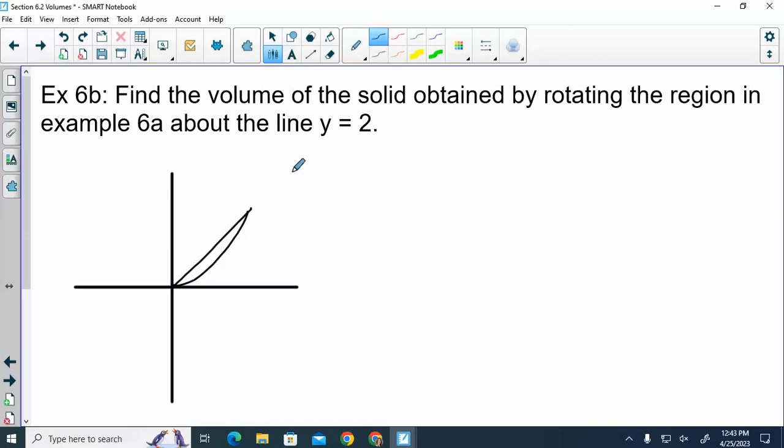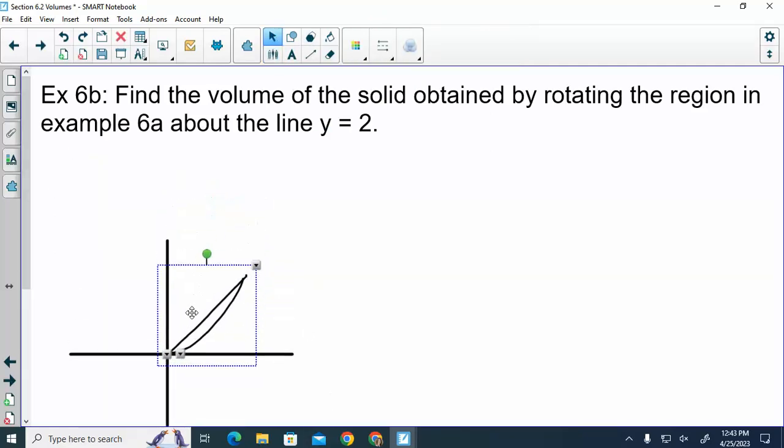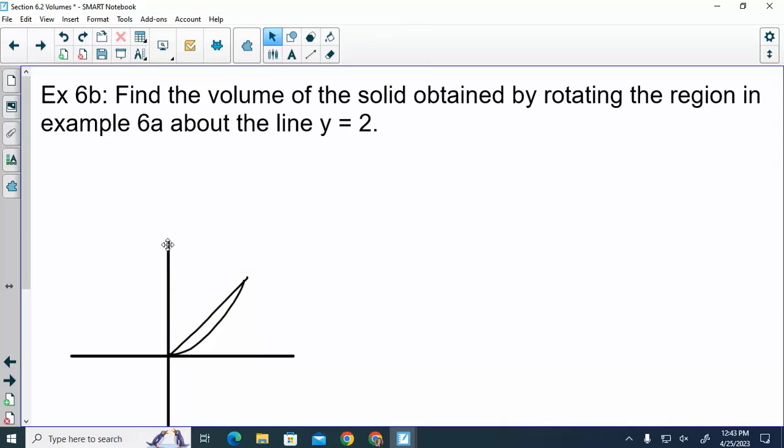But now we're rotating that around y equals 2. When we did this, we found our intersection points were at 0 and 1. Okay, if you plugged in a 1, that y is also 1, right? 0, 0, and 1, 1.